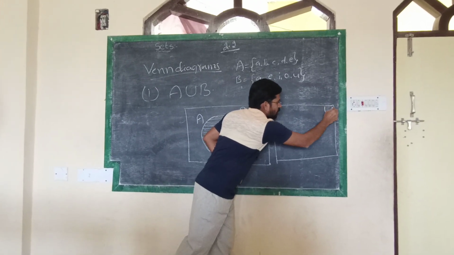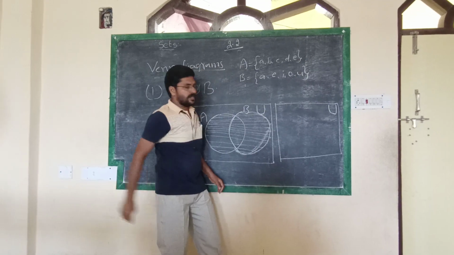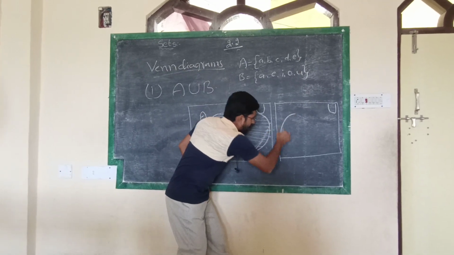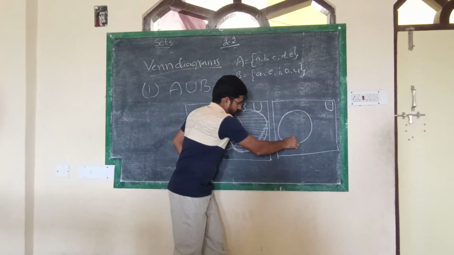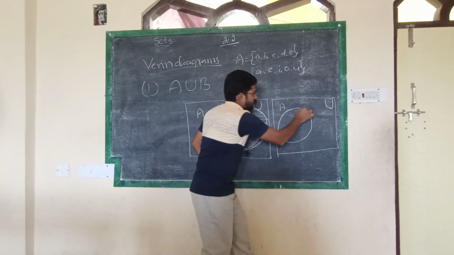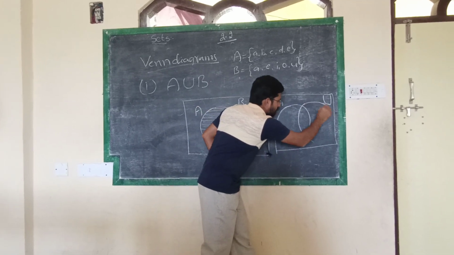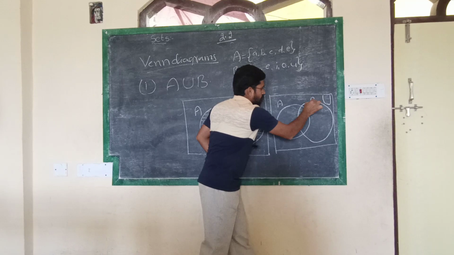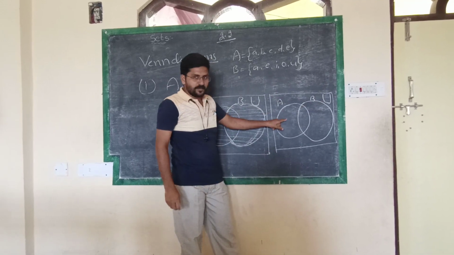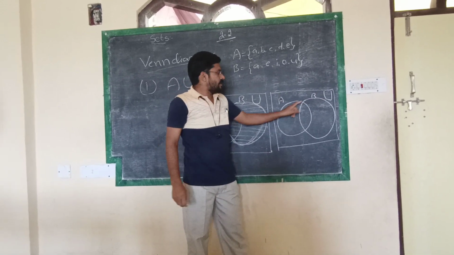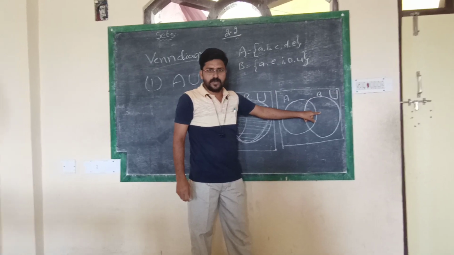This is the universal set. This is A. Next one is set B. Here you can represent all the elements of A. Here you can represent all the elements of B.